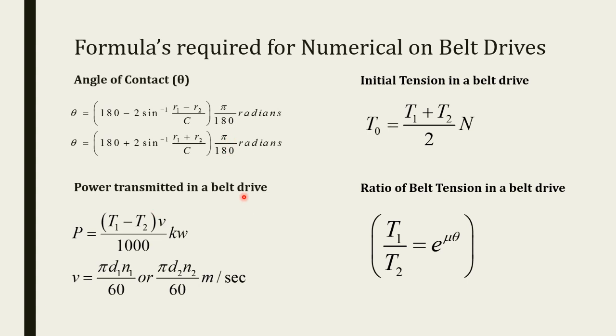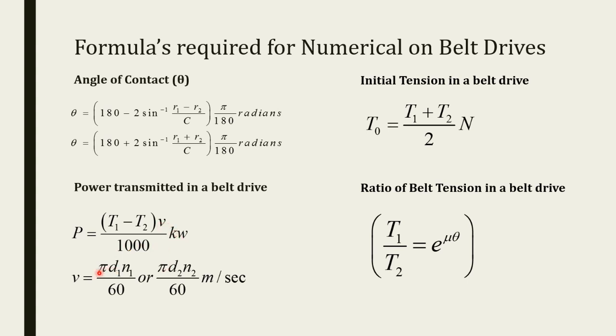And then power transmitted in a belt drive. We are mainly concentrated on calculating the power transmitted. To calculate this, the formula is P is equal to (T1 minus T2) into V by 1000 kilowatt, where T1 and T2 are the tension in the tight side and the tension in the slack side, V is the velocity and 1000 is the conversion factor into kilowatt.